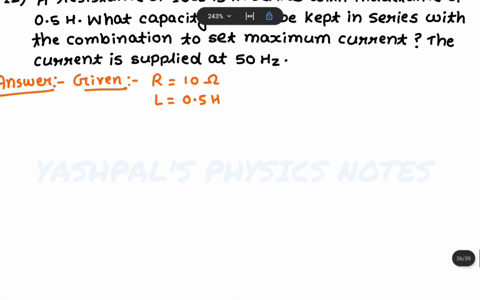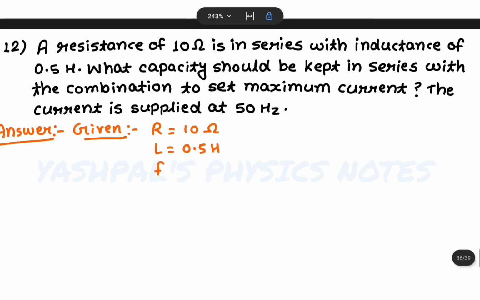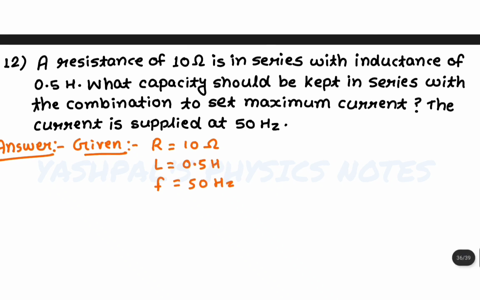So here L. Next, frequency is given as 50 Hertz. So I have written all the given data. Now as you can see from the question, the resistance of 10 ohm is in series with inductance 0.5 Henry.